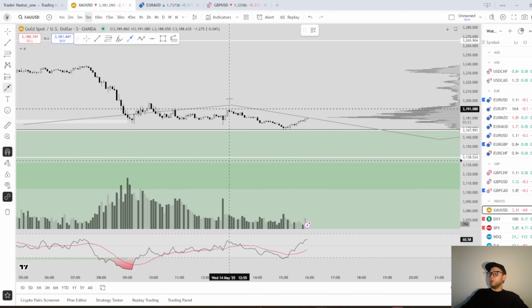This will be our 5-minute POI. We're waiting for confirmation on the 5-minute time frame.